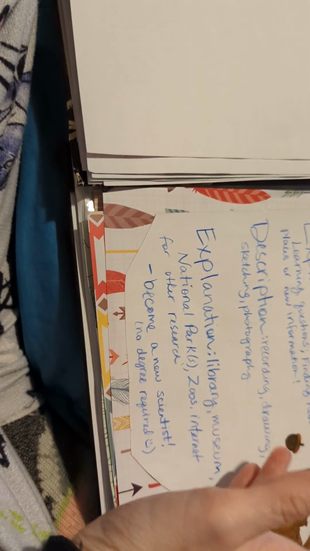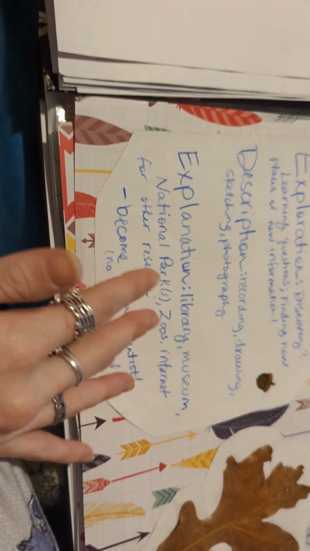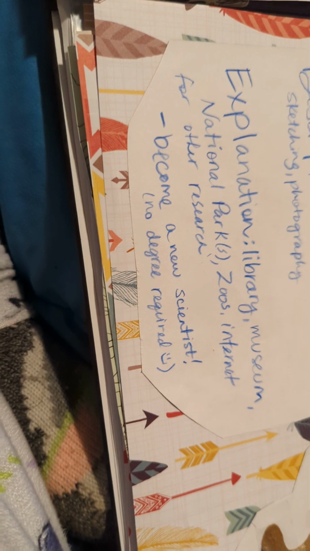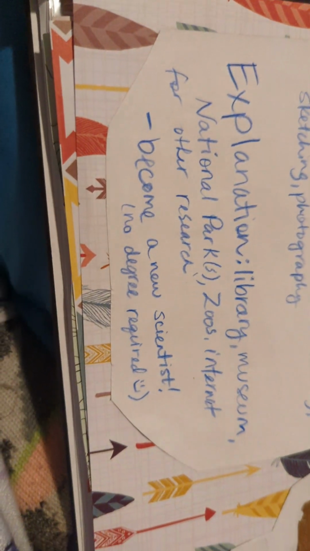Then the process of doing, I think, is what helps commit it to memory, at least for me. And of course, informal education, research, and like I said, no degree required for becoming a scientist, because there's always new things to learn about.